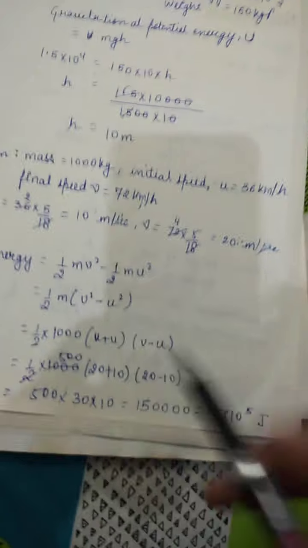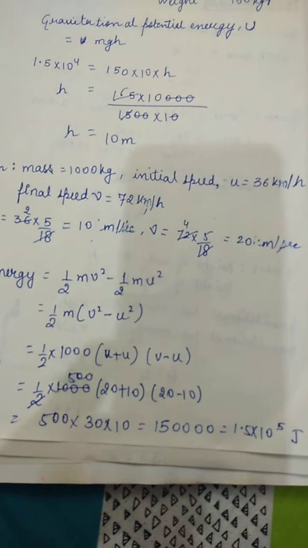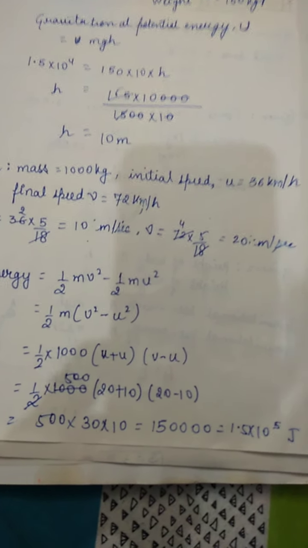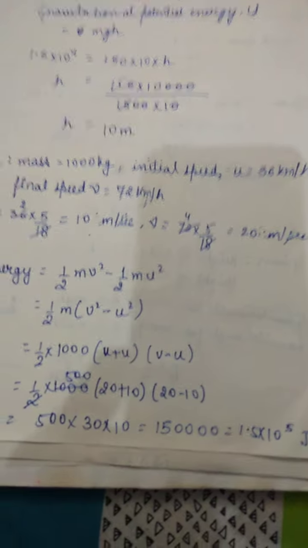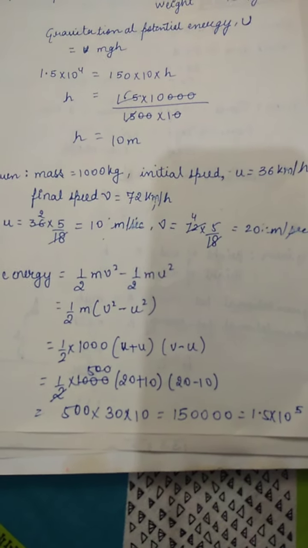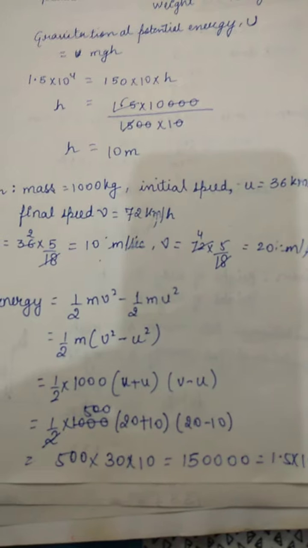And then kinetic energy is half mv square. But here you can see two speeds are given. The first one is the initial, and the second one is final. So we will subtract initial from final. So this will be half mv square minus half mu square.